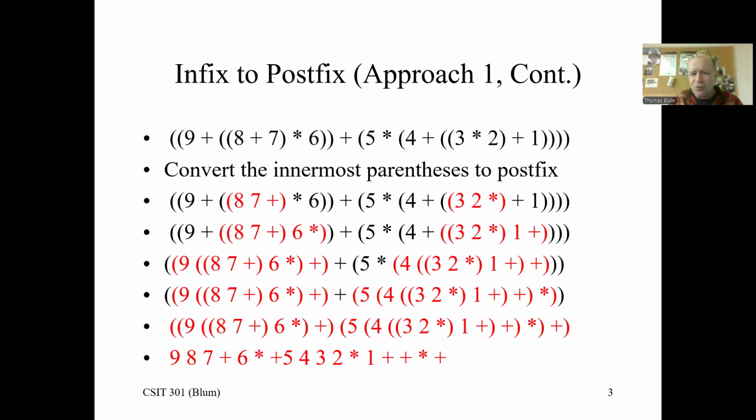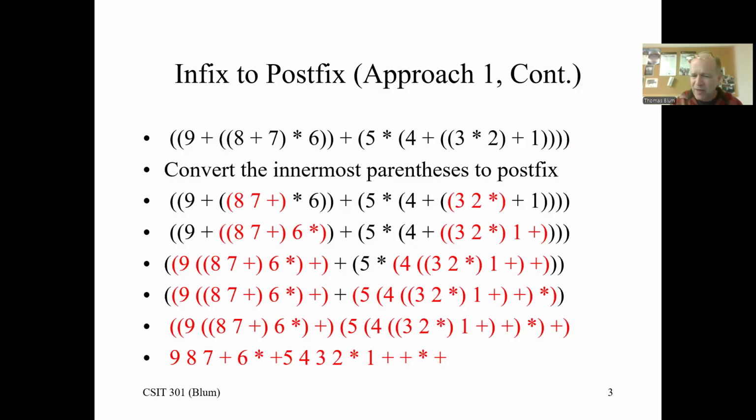Then we go to those innermost parentheses, sometimes a little bit in parallel, finding the innermost parenthesis of different sets of parentheses and converting from infix to postfix. So instead of operand, opcode, operand, it becomes operand, operand, opcode. Then we work our way out from the innermost parentheses, making the conversions.